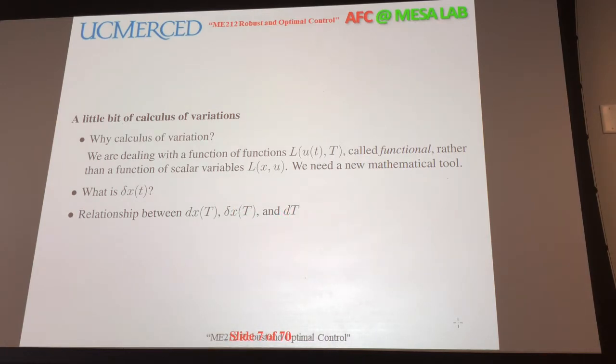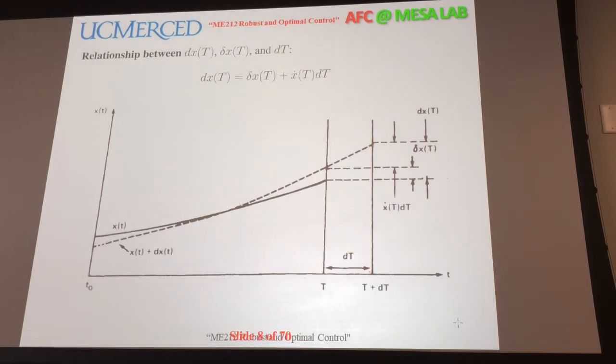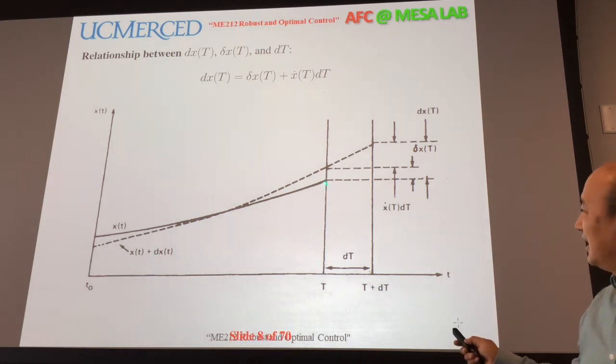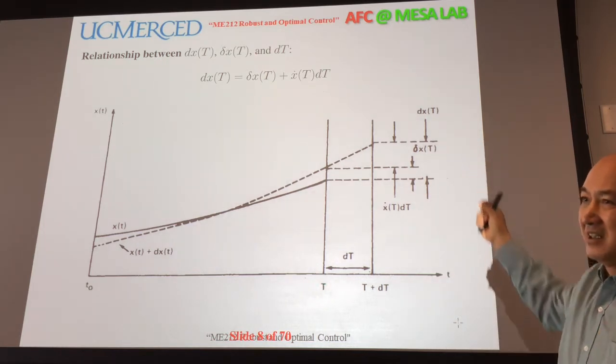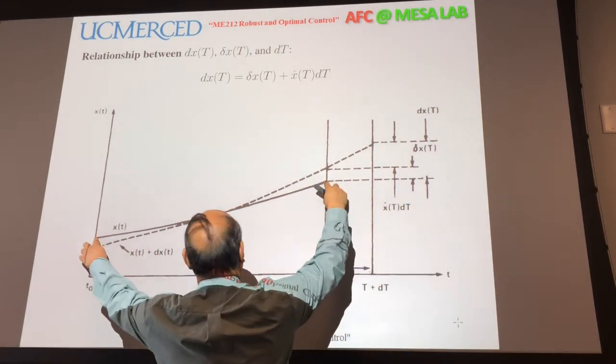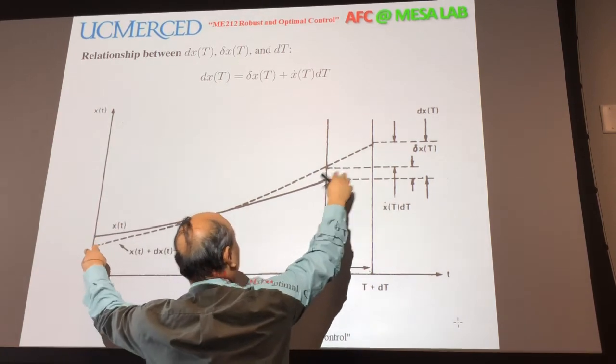So we are going to look into this picture, okay? You have the original function x of t in here, okay? Then suddenly your x will be perturbed by dx(t). Remember, when we say dx(t), it doesn't mean I end up with the capital T at the same place. Originally the endpoint is here, and after the variation, it becomes here.